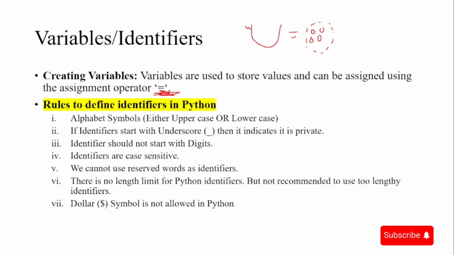When defining a variable, we have rules that we must follow. Number one, alphabet symbols, either uppercase or lowercase. For example, I'm creating a variable A, and this variable A is going to store a value.